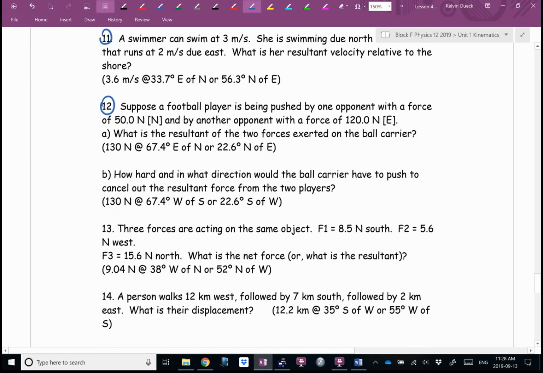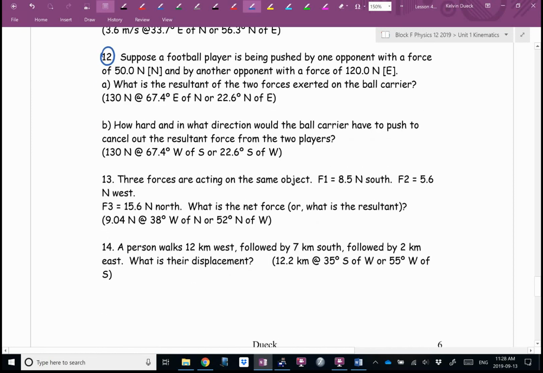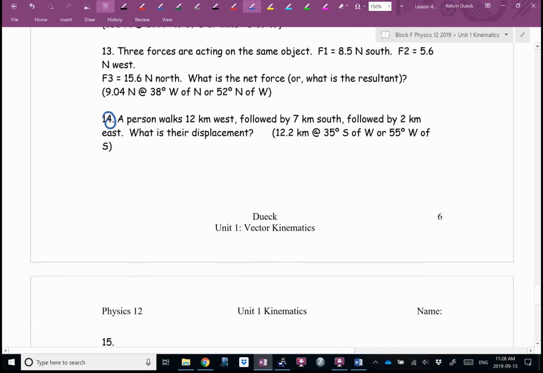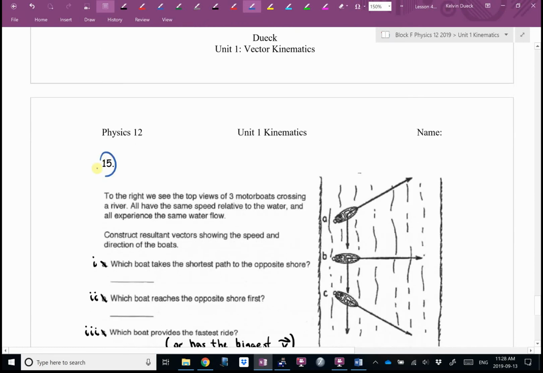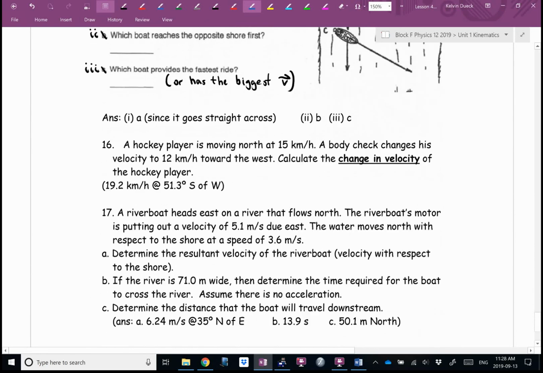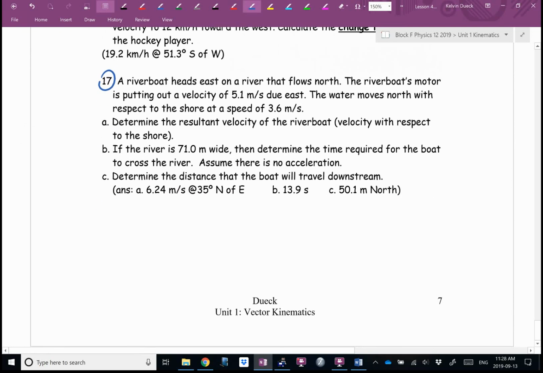I'm going to skip 13. 14 is good. 15 is good. 16 and 17. It's a lot, but I'm trying to give you lots of time to work on it. I was hoping to give you a little more time, but lots of vector math.